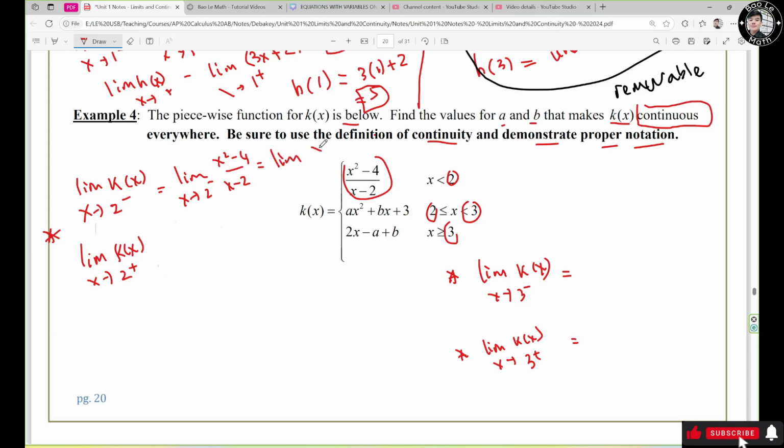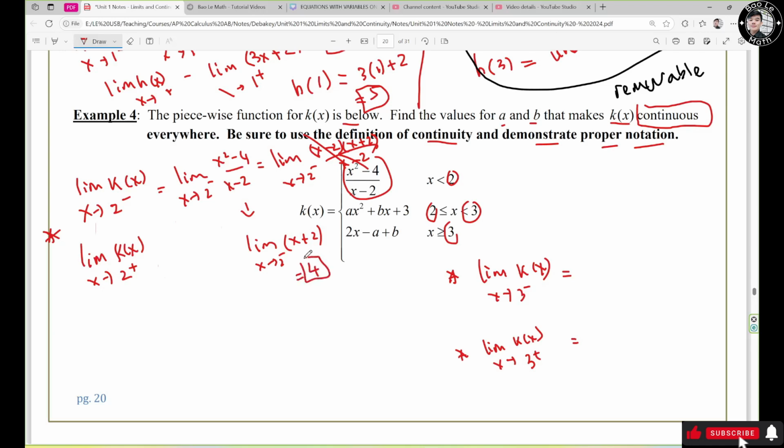So limit of (s minus 2) times (s plus 2) over (s minus 2) when s approaches 2 minus, right? So I need to cancel out this guy and this guy. And then I'm going to end up with limit of the function s plus 2 when s approaches 2 minus, right? Now I can substitute 2 for s, so the answer is 4, right?